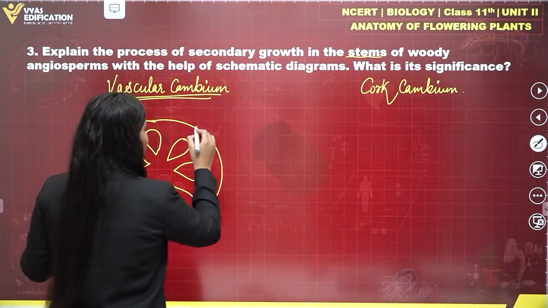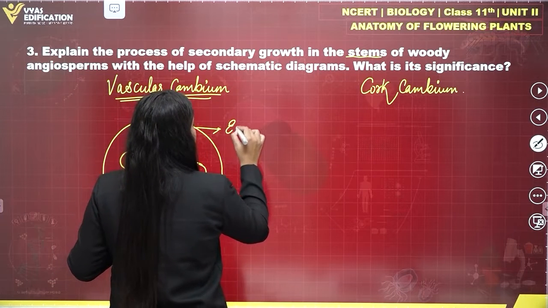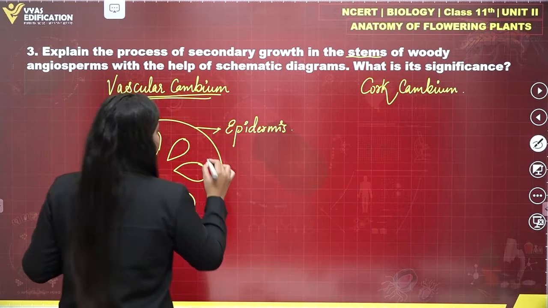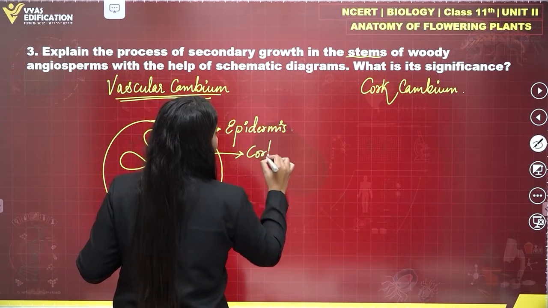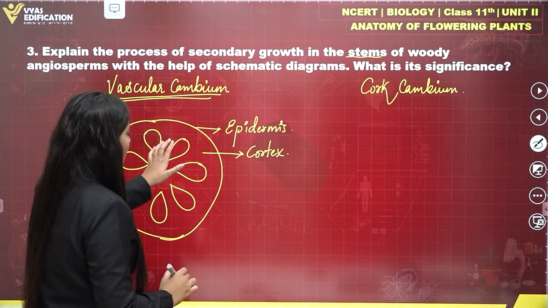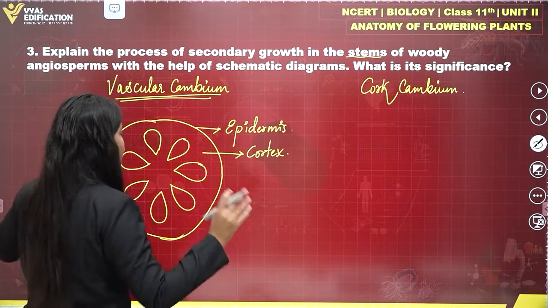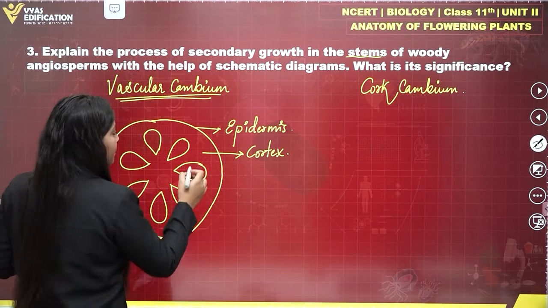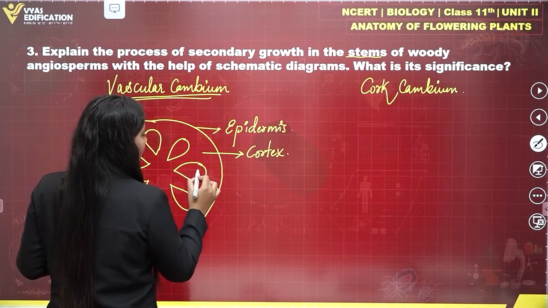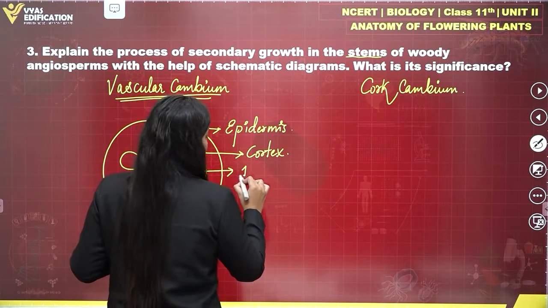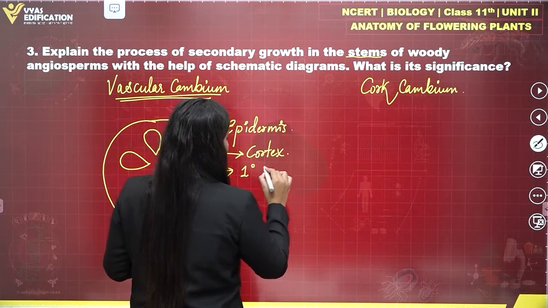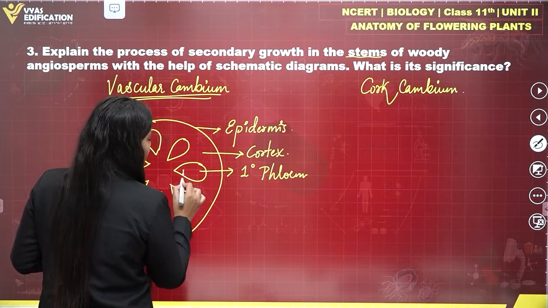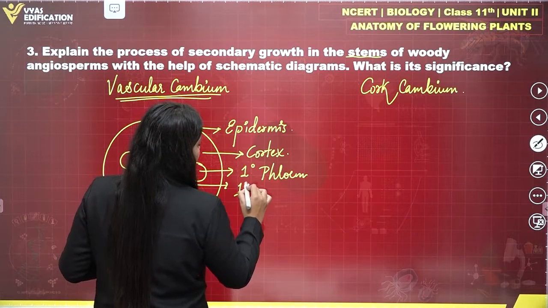So this is your epidermis layer. Let's label this epidermis. Then we have the cortex region. So this is your cortex. Now these are your vascular bundles in which you will find the primary xylem and primary phloem. On the outer region you have primary phloem, and on the inner side you have primary xylem.